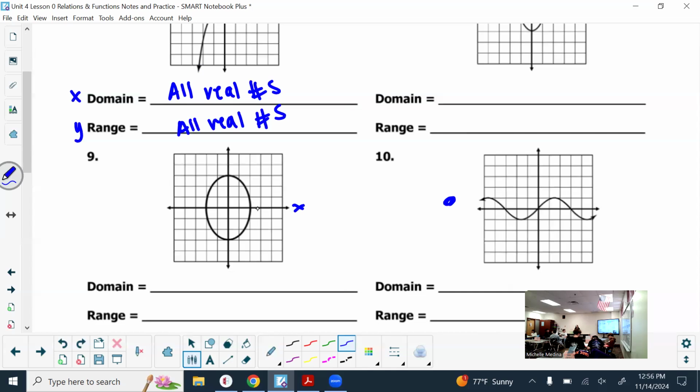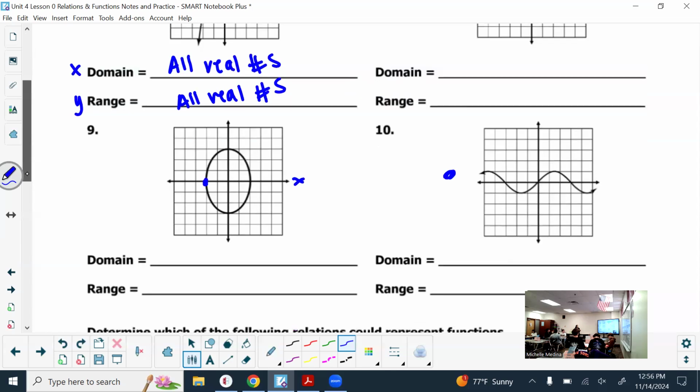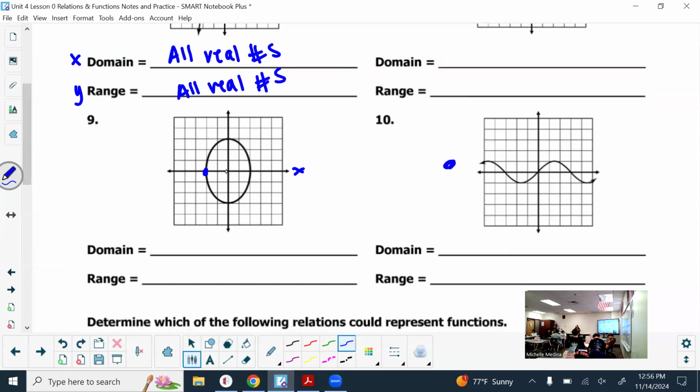No. So you have to see what is my leftmost x? What x value is that? -2, because it's to the left of the origin. So -1, -2. What's my rightmost x?